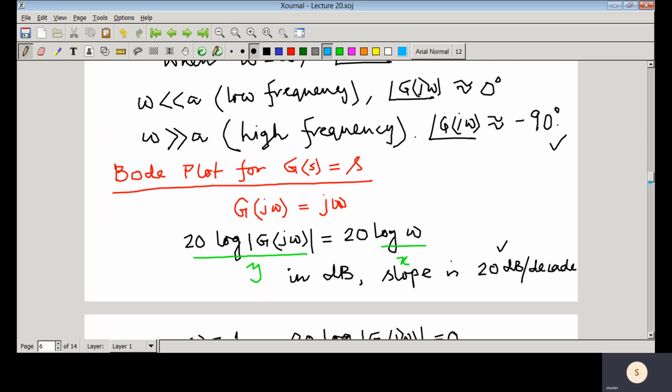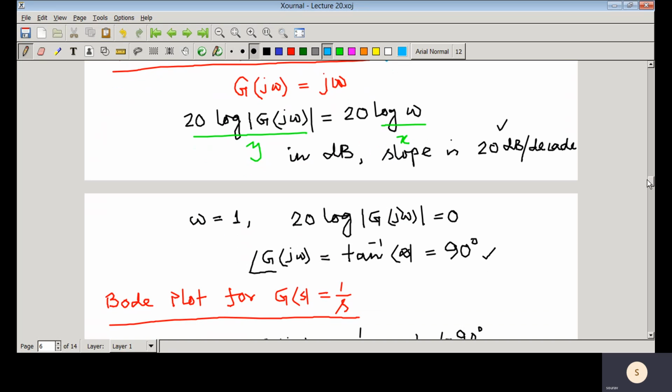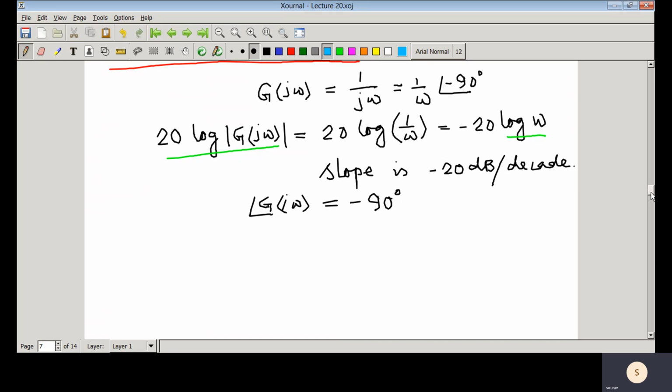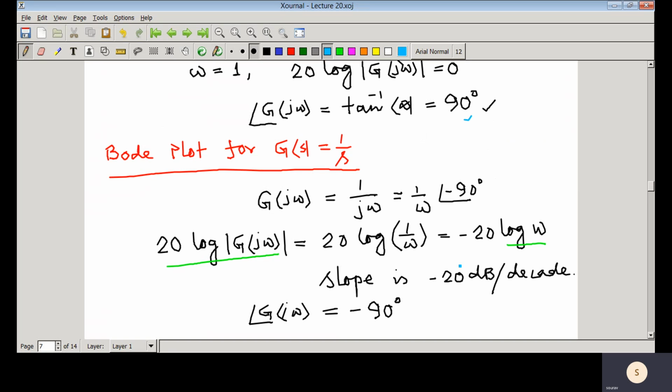The same thing happens in the case of s and 1 by s. Whenever we have s, we have seen that the slope would be 20 dB per decade, but the phase remains constant at 90 degrees. And in the case of 1 by s, the phase would be minus 90 degrees and the slope would be minus 20 dB per decade.